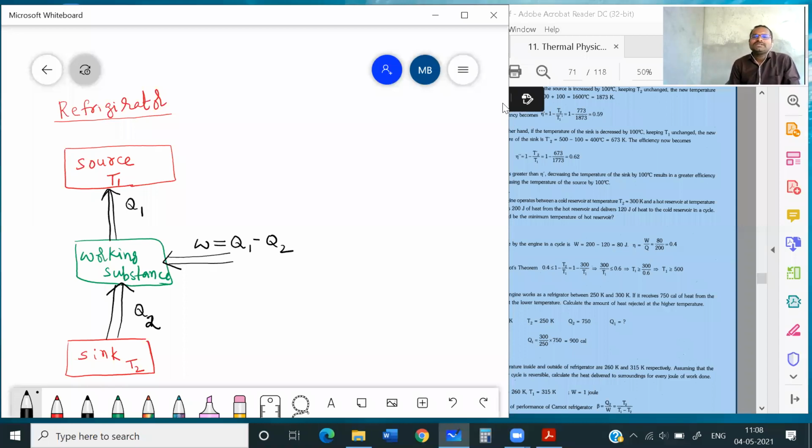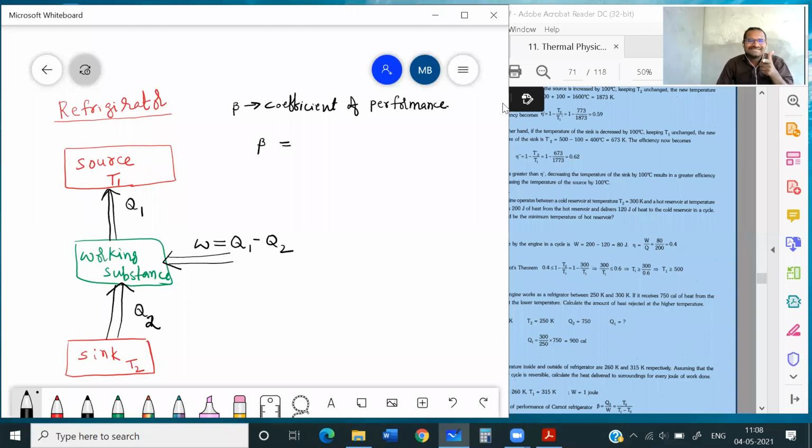Now here we have one important definition. The definition is beta. It is called the coefficient of performance. Beta is called the coefficient of performance of a refrigerator.